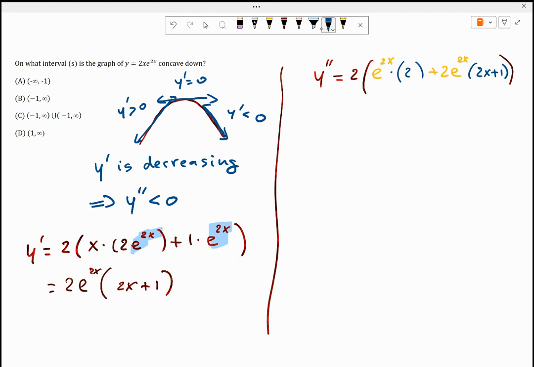Again, I see there's a common factor of 2 e to the power 2x, which I'm going to factor out. So I'm going to have 2 times e to the power 2x times 2 plus 2 times 2x plus 1.